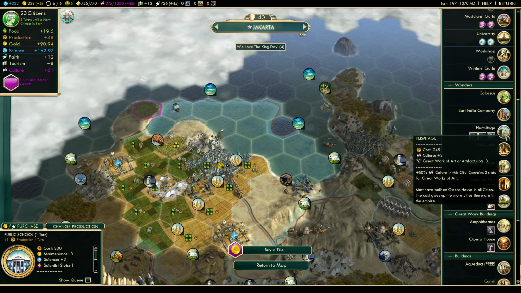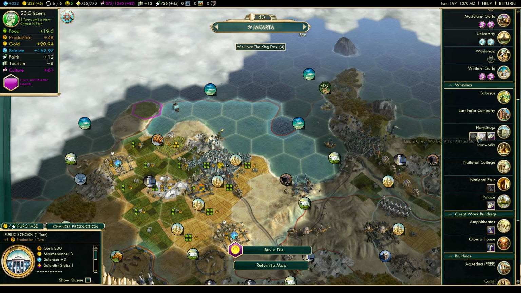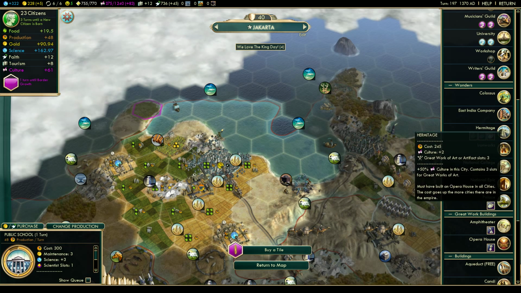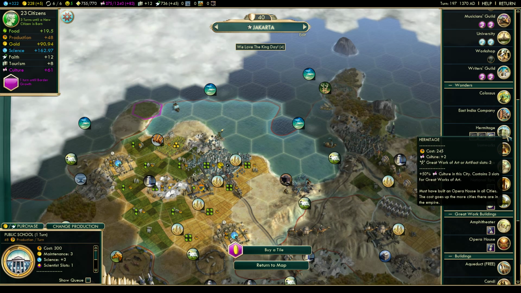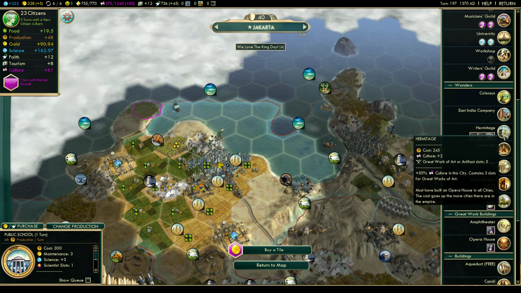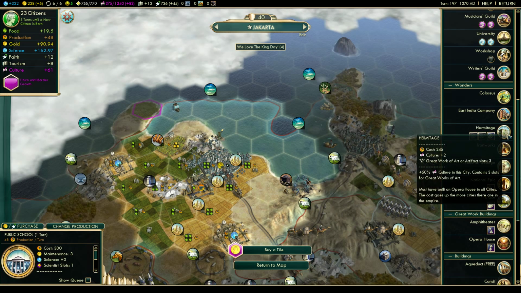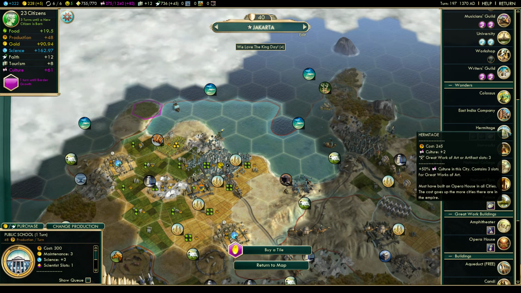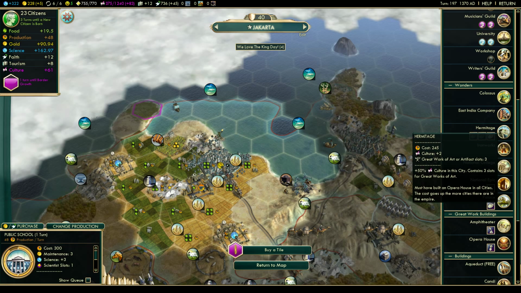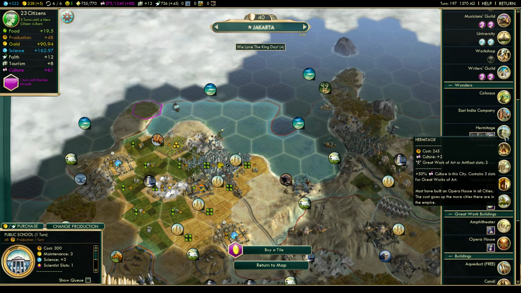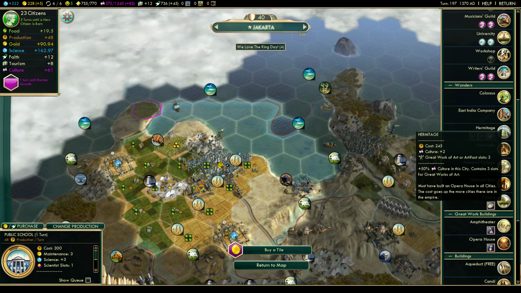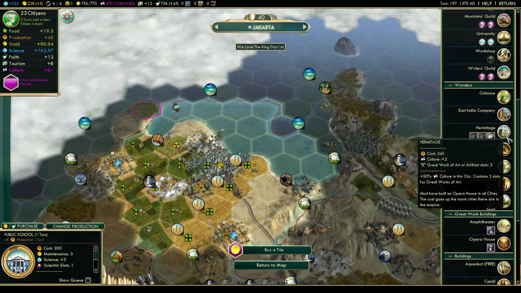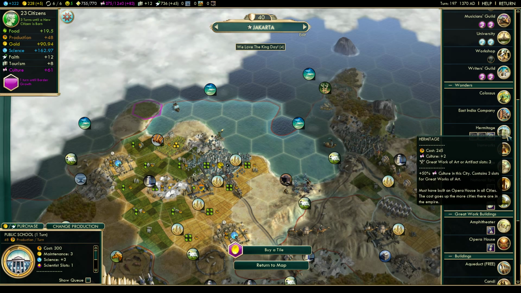But the Hermitage really solves this problem by giving you 3 slots and a good set bonus. So having this is very important, I think more important than having an early Oxford, because Oxford is much more valuable later on and can be saved, while the Hermitage, you really want this early to get more tourism and more defense against the influence of alien cultures.